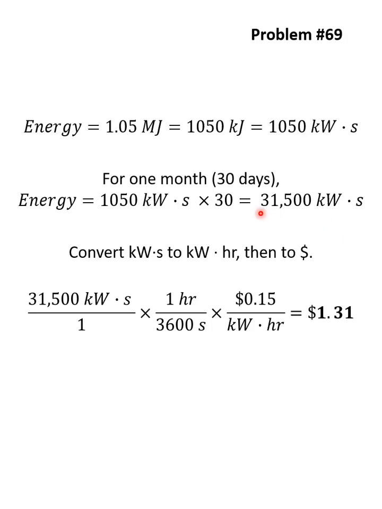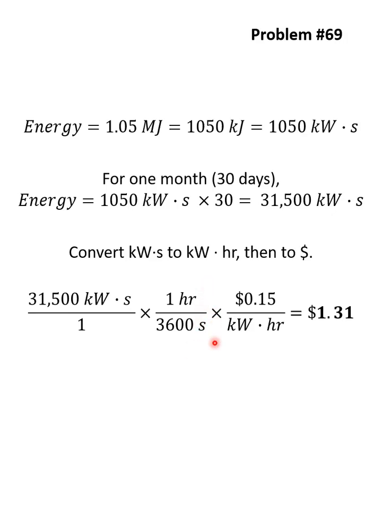So we think back to chapter 1 of first semester physics, how we do unit conversions. We have kilowatt seconds, we want kilowatt hours, and then we want dollars out of that. So I set up the given information, and then I want seconds to go away and us to be left with hours.